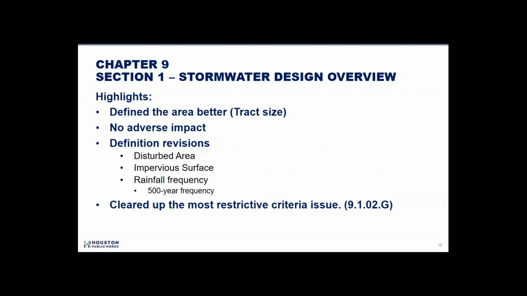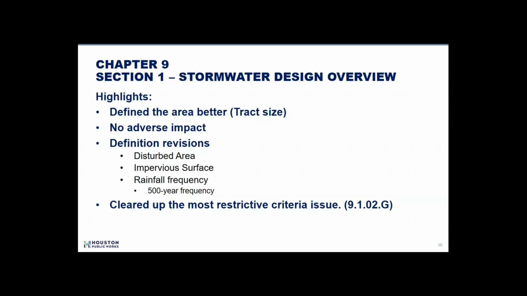We've added a statement in the policy section regarding no adverse impact, even though that's pretty much state law, and our criteria follows that pretty much. We want to make sure that we added a clear statement in the policy that no, you cannot adversely impact a neighbor next door or otherwise. So that's why we have the criteria that we have.